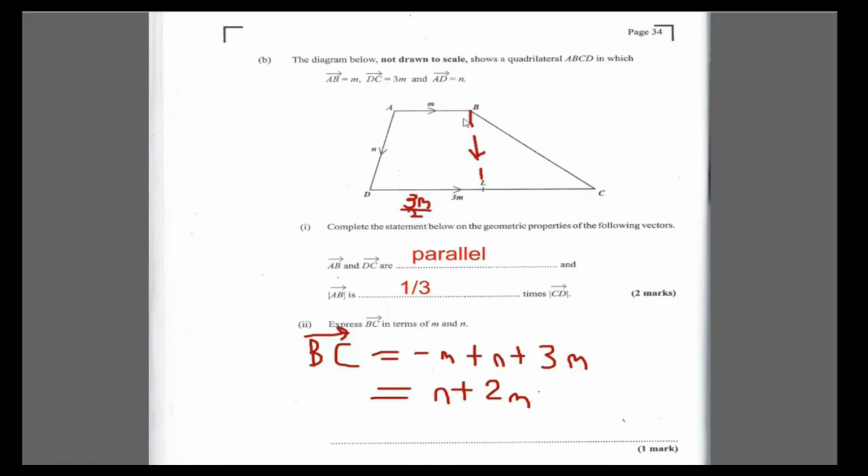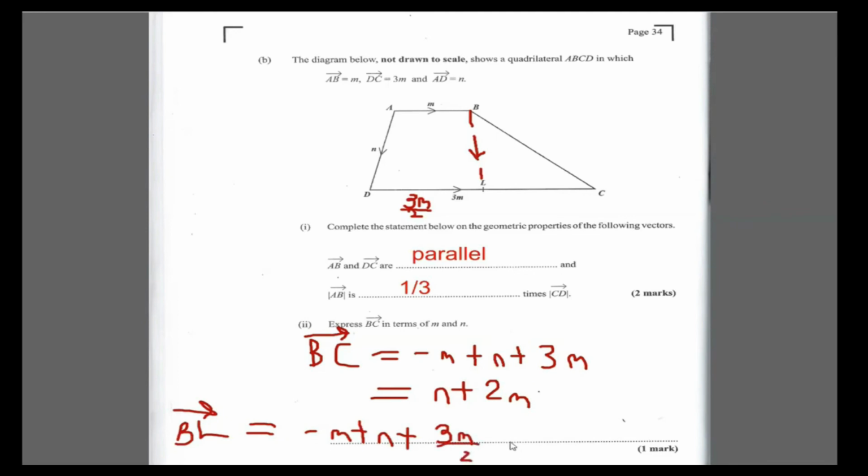So BL is going to equal from B to A, then from A to D, then from D to L. So BL is going to be equal to minus M, plus N, plus 3M over 2.